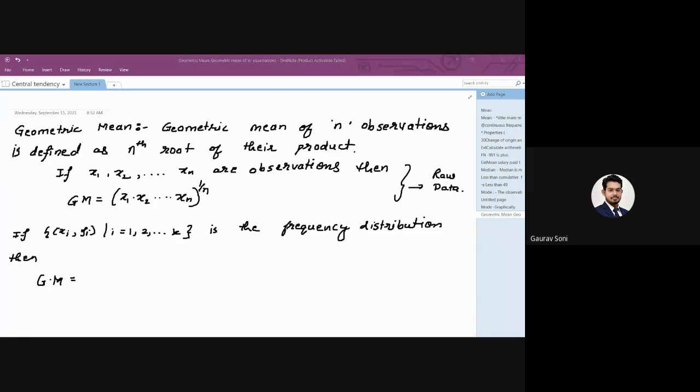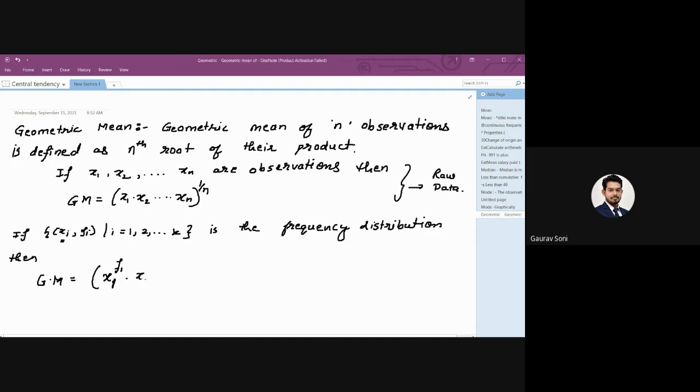Please mute yourself. There's a lot of noise going on. So Hasnan said it right, but it wasn't actually the compact one. Just the power I want to change. The root actually. So x1 raised to f1, because what is in the bracket is the product of all the observations. So x1, if I see, is repeated f1 times. So when you take x1 f1 times, that will become x1 raised to f1.